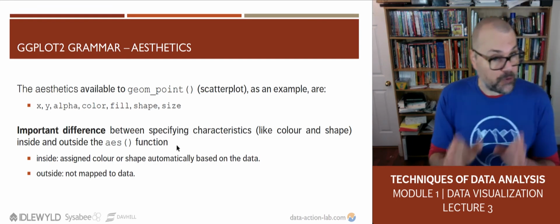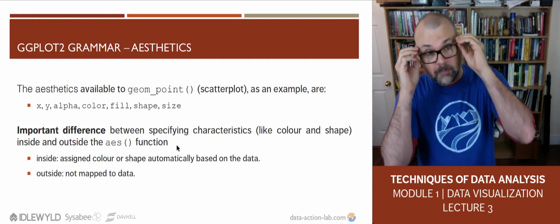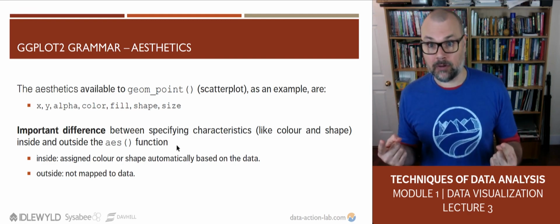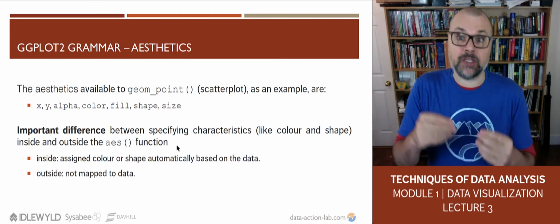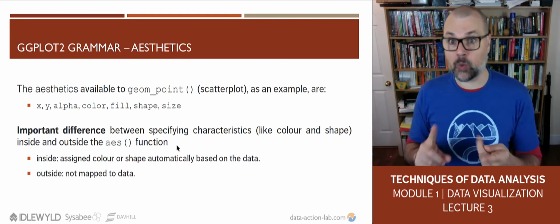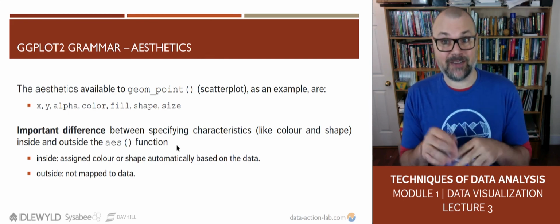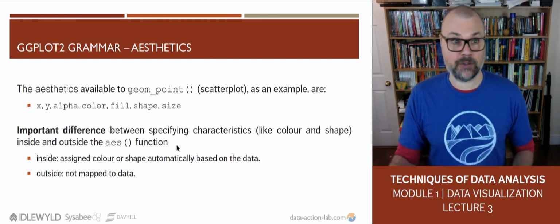If you specify the characteristic outside of an aesthetic call, by that I mean you literally specify what color you want or what shape you want, then these things are not mapped to the data. They will be the same for every point in your data set.